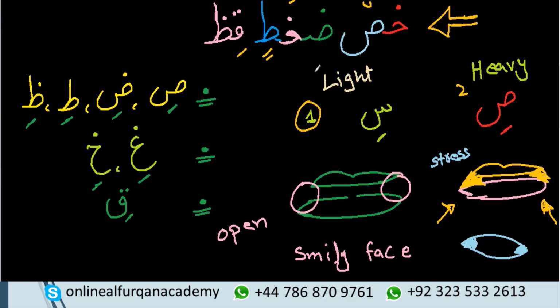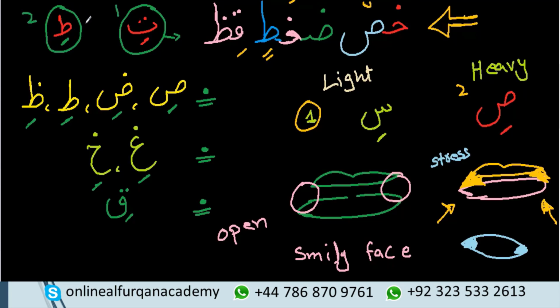Like that with all the other letters. That is si, di. Now the next is ti. Here we also have another letter, that is ta, and this one, that is ta. When we pronounce them with kasra, this one, that is ti, the edges of the lips are open, smiley face. Ti, light. And this one, try to make a stress on the edges.